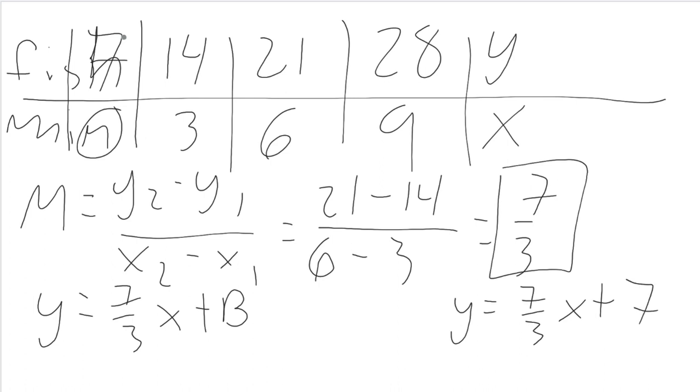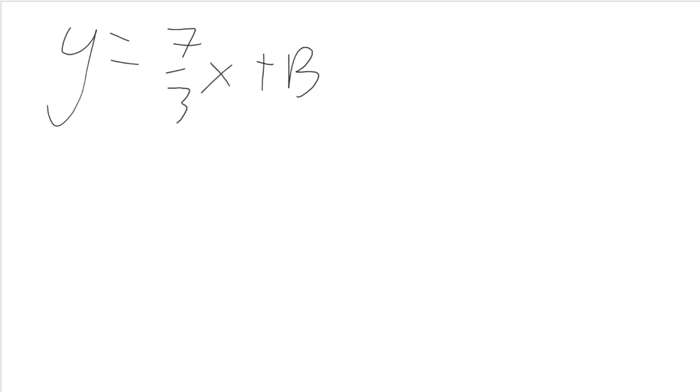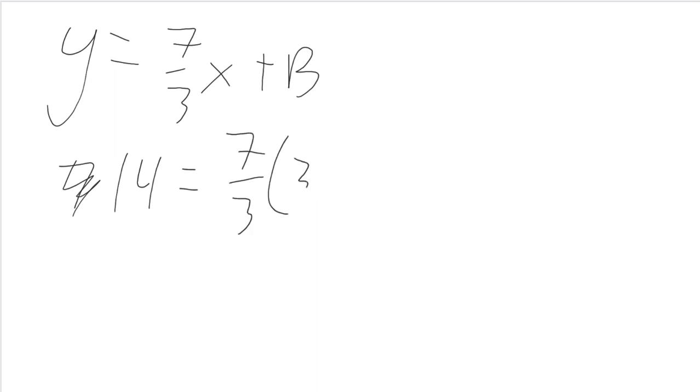And be done. But if it's a big table and we have to go all the way down, we can say y is 7/3 x plus b. And from the table, they said that the first y on the table was 14. And the first x on the table was 3.